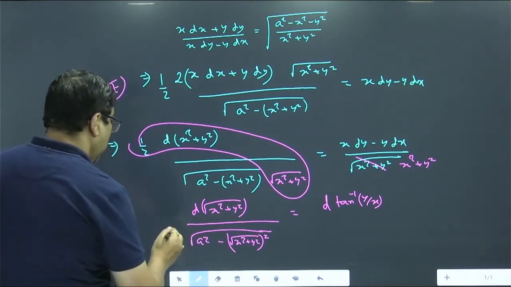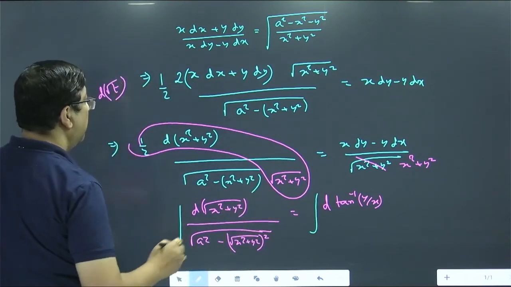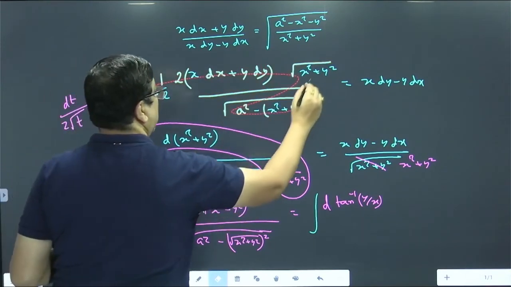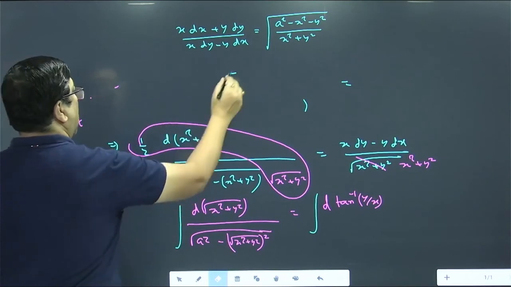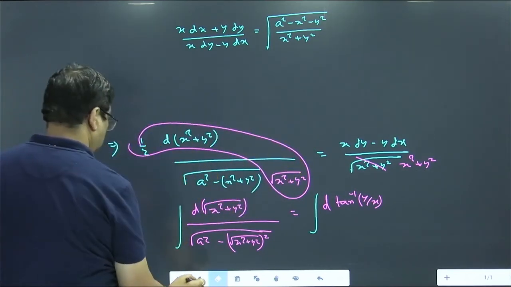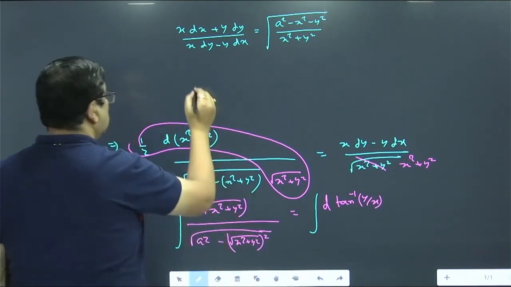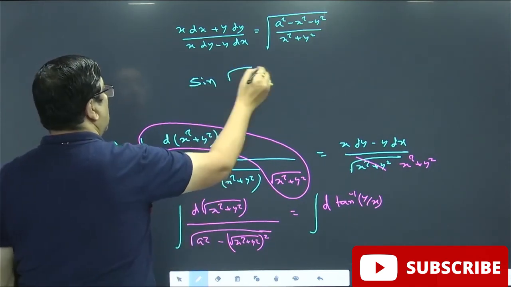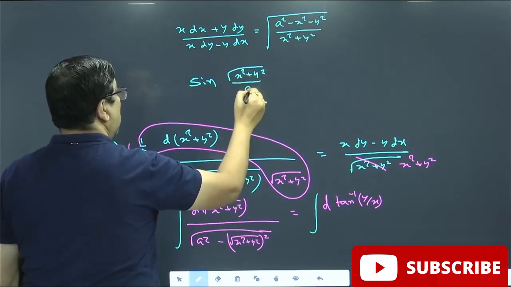If we integrate here, we are getting sin inverse root over x square plus y square by a.